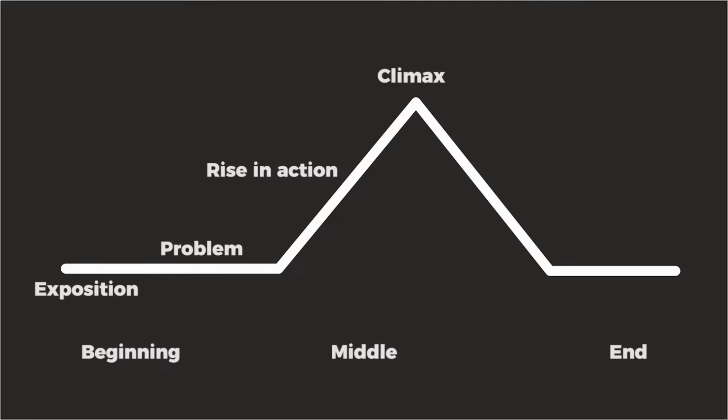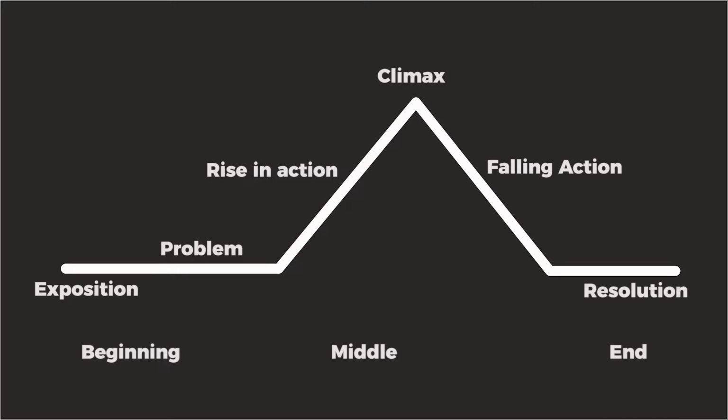The climax is the most intense part of the story and is the turning point for the protagonist. This is the moment where the protagonist must make a difficult decision and take action to resolve the conflict. The falling action is the part of the story where the tension starts to disappear and the story is brought to a close. This is the part of the story where loose ends are tied up and the protagonist is able to find peace.